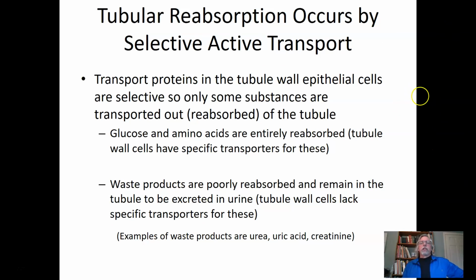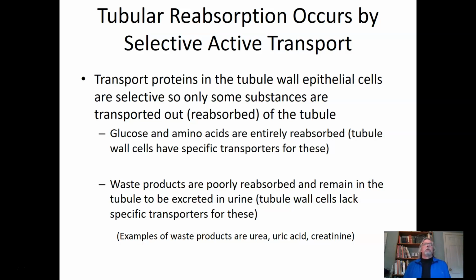So these active transport membrane proteins are moving stuff out. And for example, most of the materials that are moving out are things that the body finds useful, that we want to reclaim and we don't want to lose them in the urine.